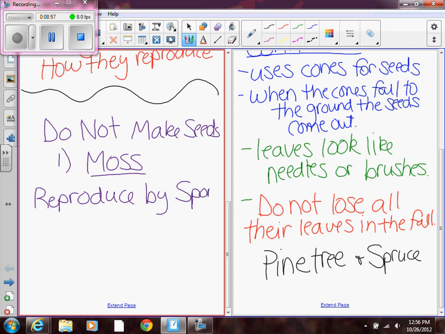And where are these spores located? Jordan, where are they found? Yeah, spores are found at the end of the stalk.